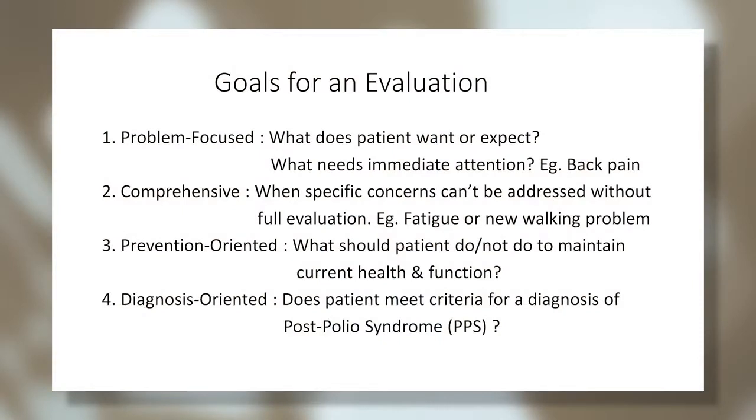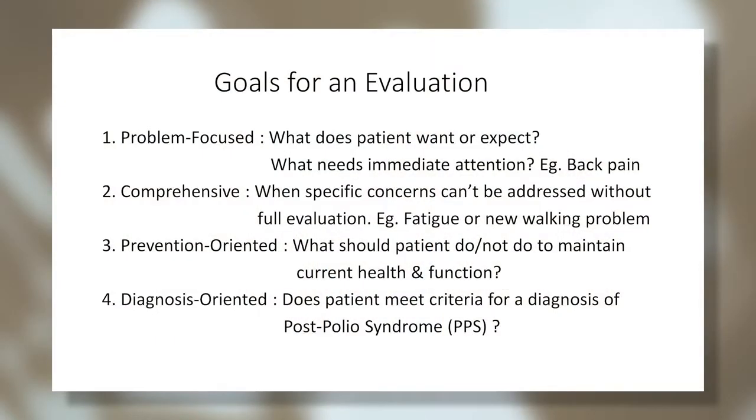A second goal for the evaluation could be them coming in and saying, I would like a comprehensive evaluation of my post-polio health. I'm having a number of problems, perhaps, or things I'm worried about, and I want to find out whether you can do anything to help me with them. The common ones, of course, are fatigue, new problems walking, feeling that they're becoming weaker, and being concerned about that.